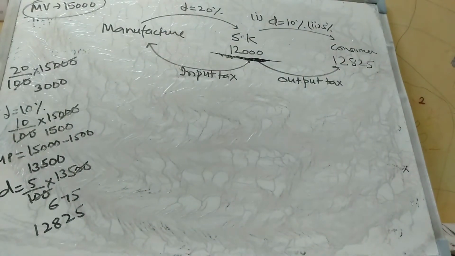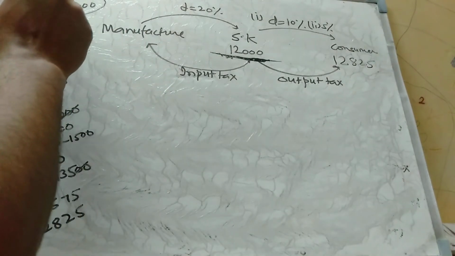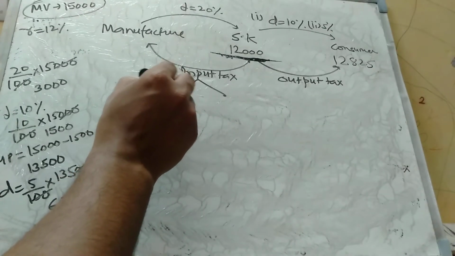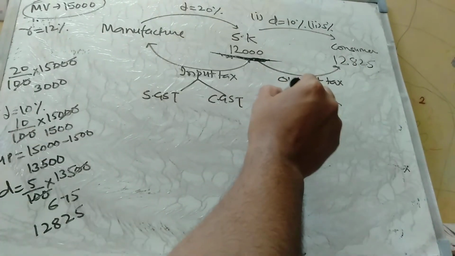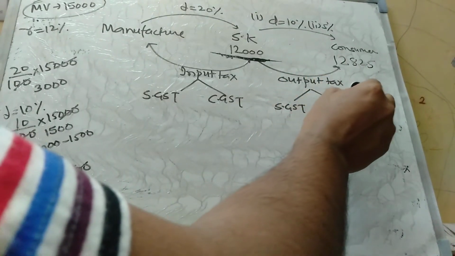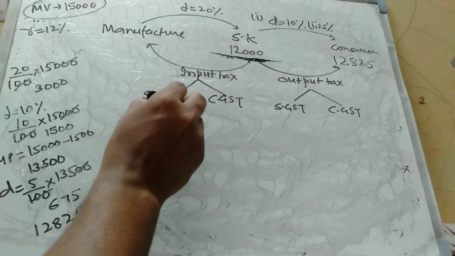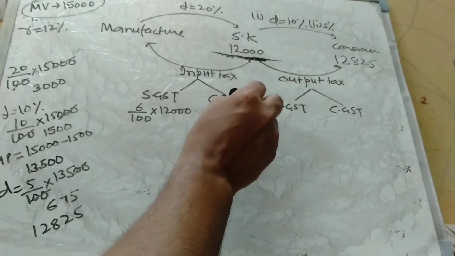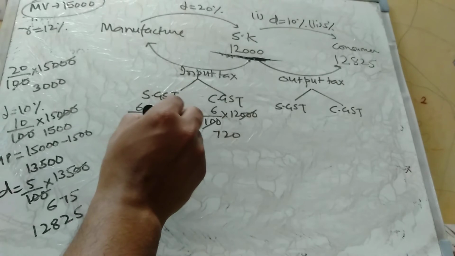Now, total tax is 12%. This tax is split into equal taxes, SGST and CGST. 6% of purchasing price, 720, 720.